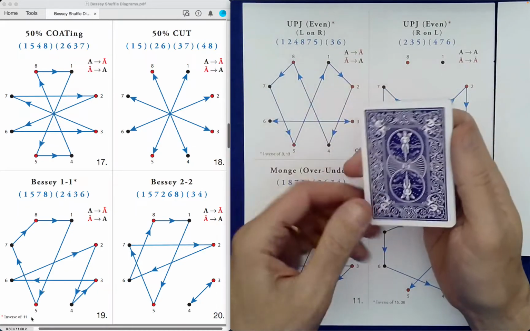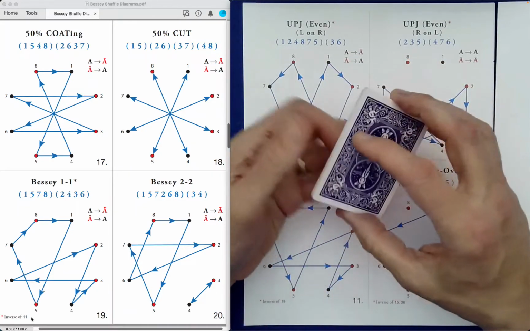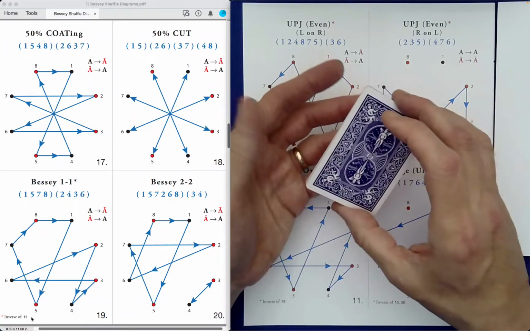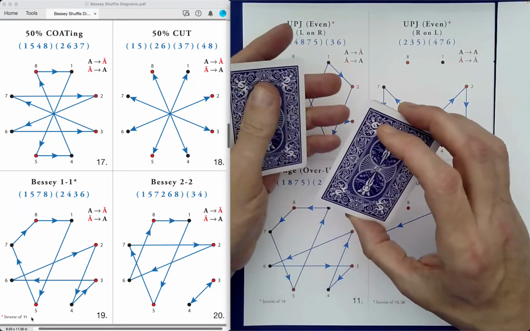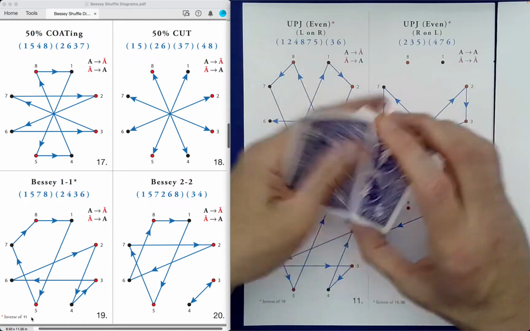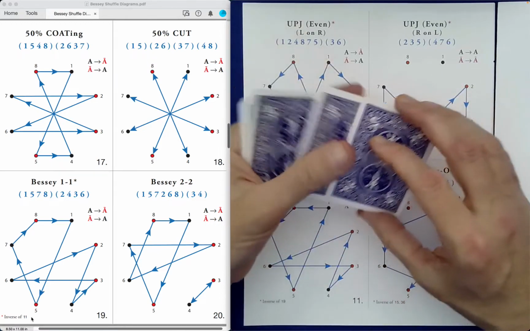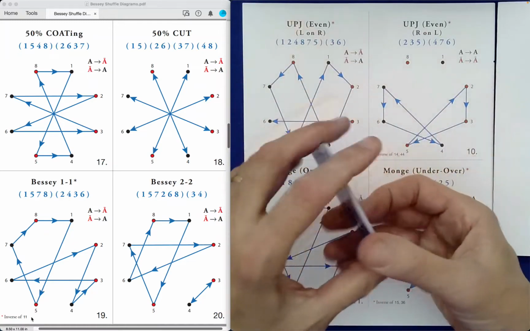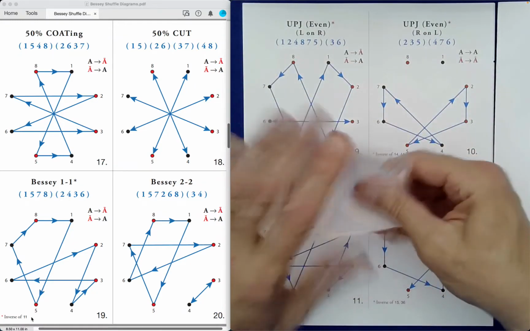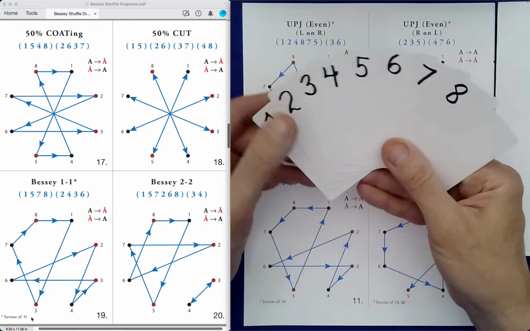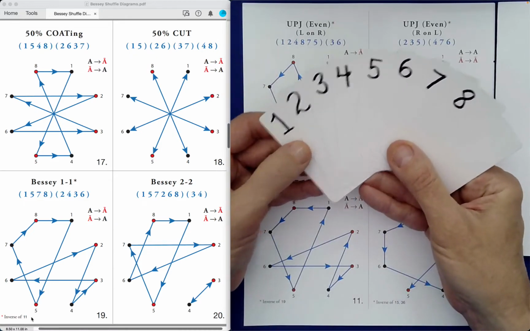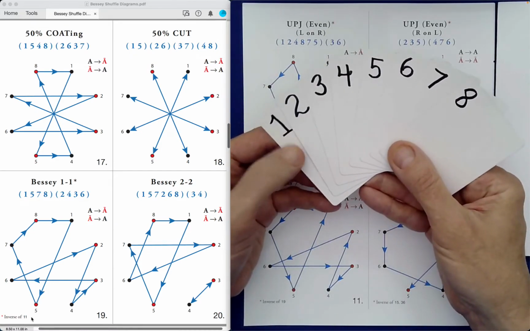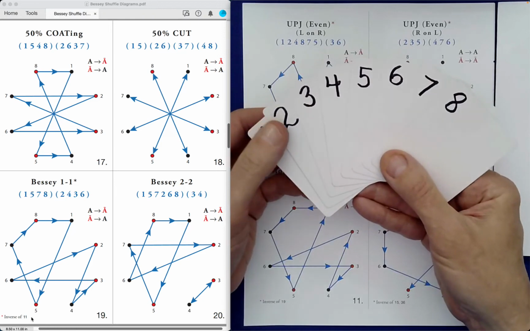Well, if we follow that with the Bessey 1-1, we will reset the packet. So we take one from the top, one from the bottom, top, bottom, top, bottom, top, bottom. There's only one card left. And so if you really think about what those shuffles are doing, in this case it shouldn't be all that surprising that we get back to the original ordering of the cards.